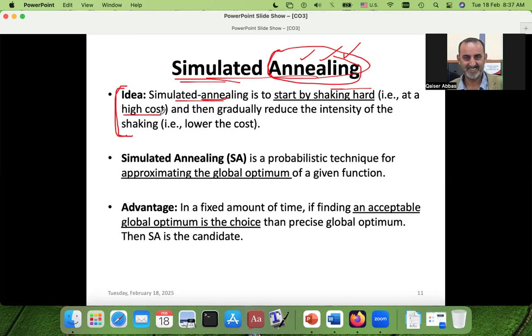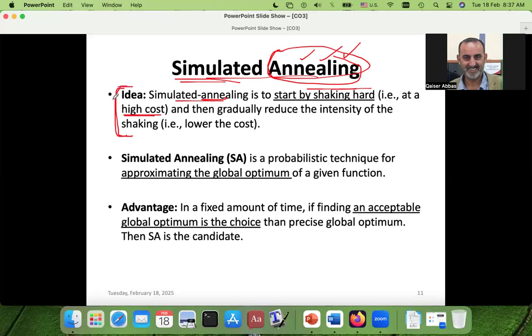Then gradually we will lower the temperature, lower the cost, or lower the intensity of this shaking. And then we will try to reach our goal, which is our optimal solution, our global optimum or global maximum.